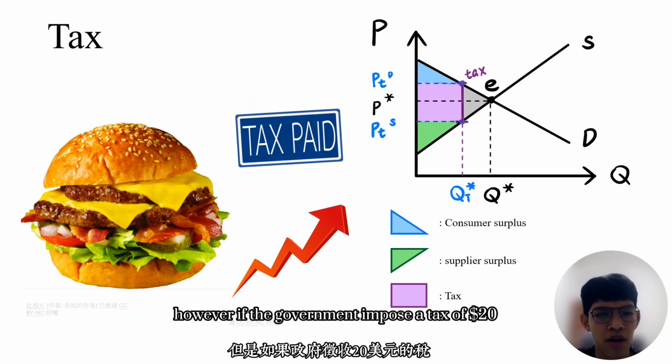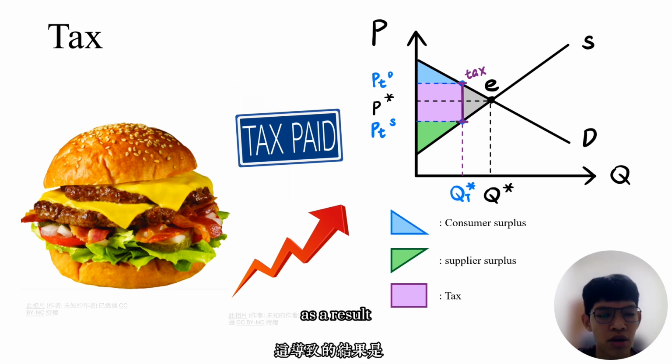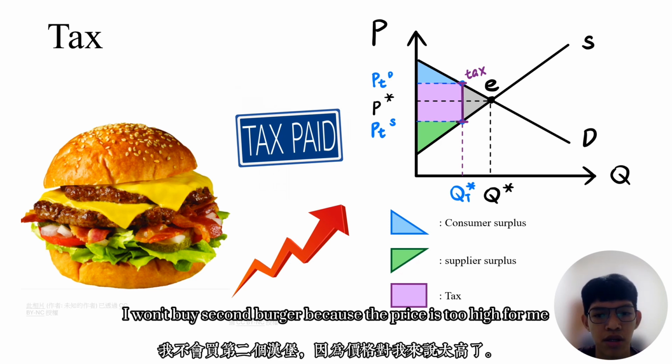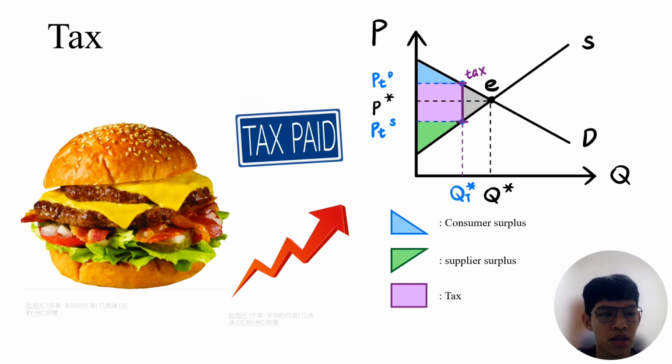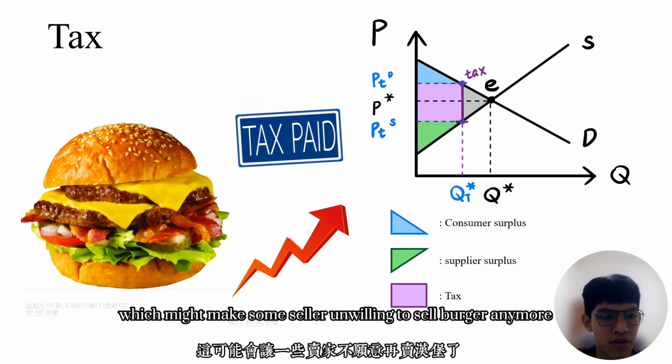However, if the government imposes a tax of $20, I have to pay more for a burger. As a result, I won't buy a second burger because the price is too high for me. Additionally, the revenue of the burger seller decreases, which might make some sellers unwilling to sell burgers anymore.